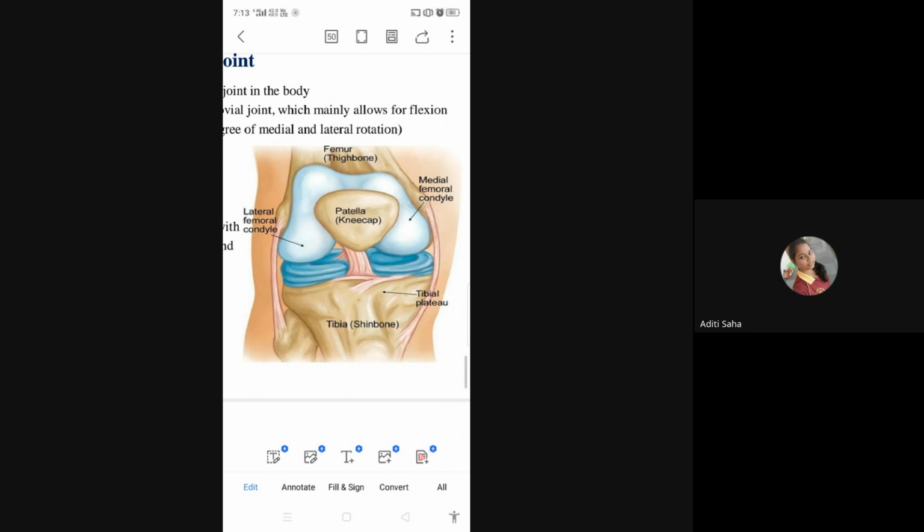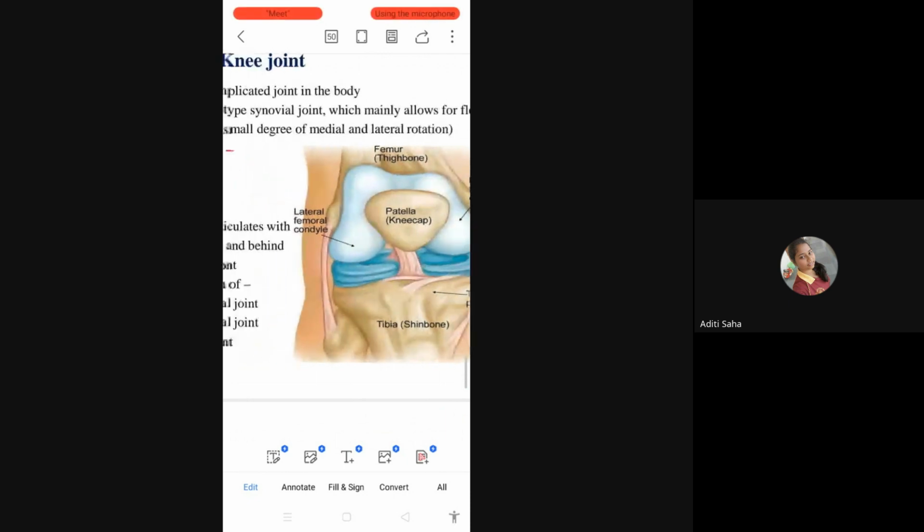So two condyles of the femur are articulating with the surface of two condyles of the tibia, that is the shin bone, and in between them cartilage is present. And patella, go to the slide.